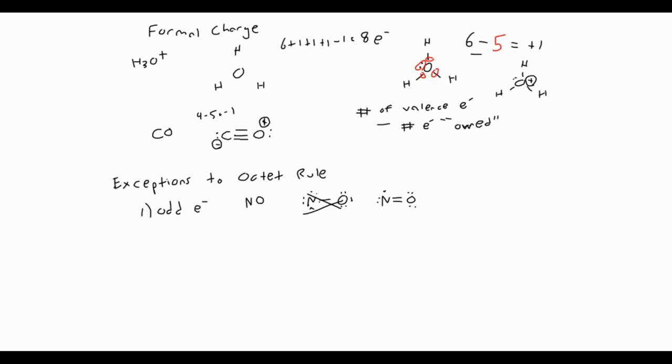Same with oxygen, which is also 0. However, nitrogen now has an incomplete octet, an unfilled shell. So this actually makes it much more reactive than it would normally be if our molecule had a full octet. But that is one exception if you have an odd number of electrons.